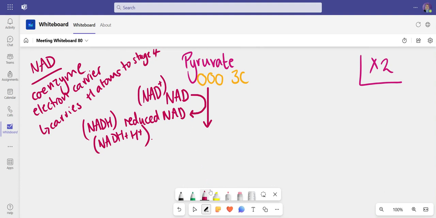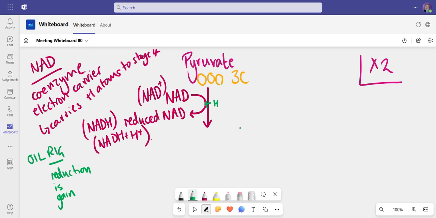Okay, so what's happening there on the tiny scale is that the pyruvate is giving hydrogen to the NAD, producing reduced NAD. Don't forget the OIL RIG. The reason we call it reduced NAD is because reduction is gain. Okay, so the NAD has gained hydrogen, hence it's called reduced NAD.